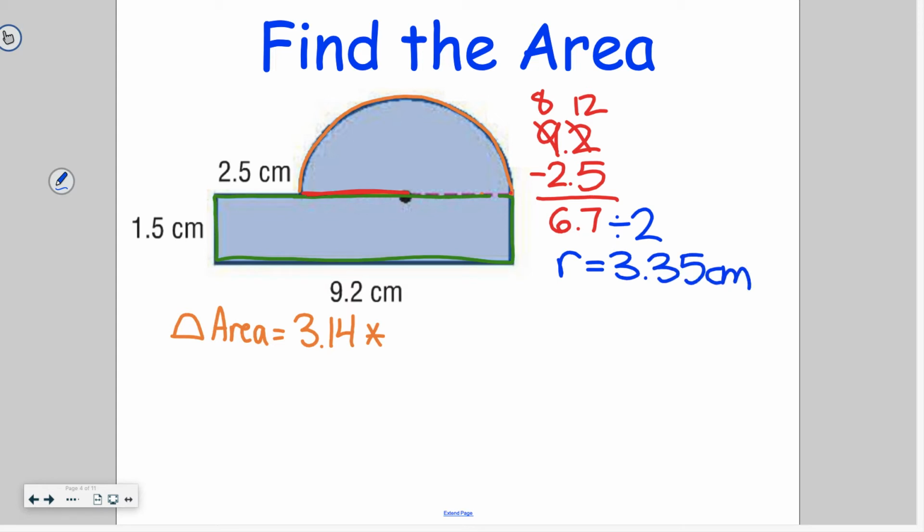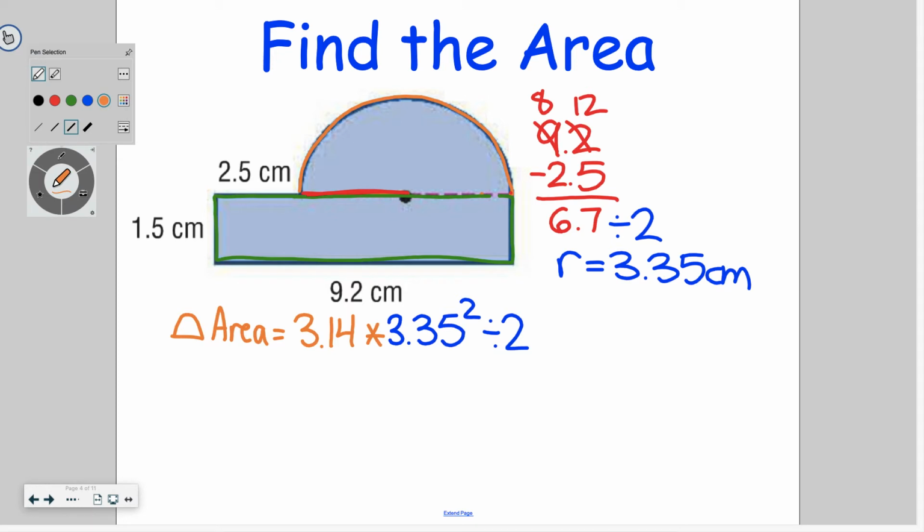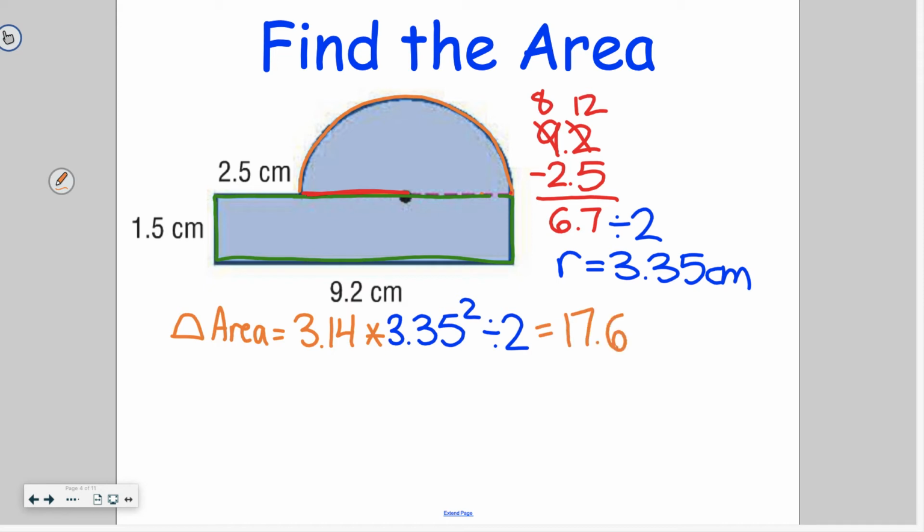So then in my problem, I've got 3.35 squared, which remember is 3.35 times 3.35, and then I'm dividing that by 2. So that's going to give me my area of my semicircle. Type it in, 3.14 times 3.35 squared divided by 2, which is going to give me an answer of 17.62 centimeters squared. So that's how much is on the inside of that semicircle.